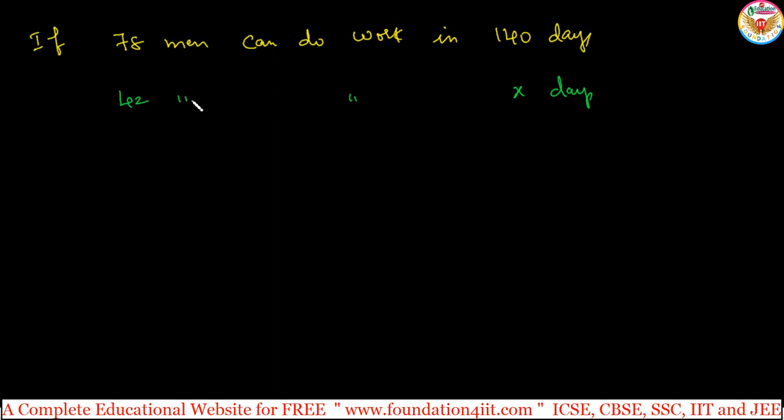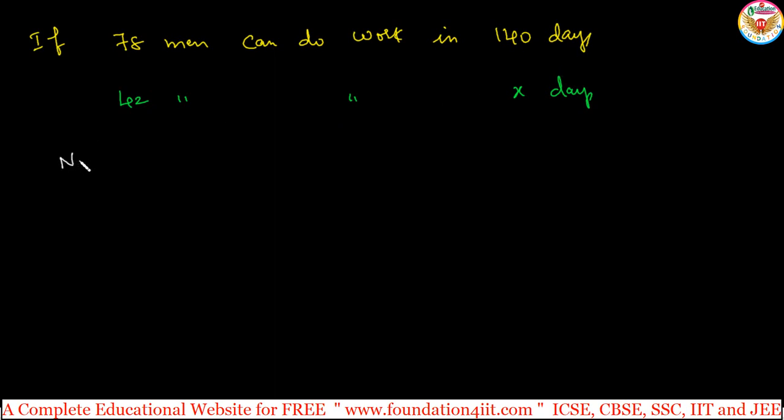This is about inverse variation, because from the question we need to understand whether it is direct or inverse. If one quantity is decreased, the other quantity is increasing here. Men is reduced, so surely the number of days will be more to do the work, right? So it's inverse variation.